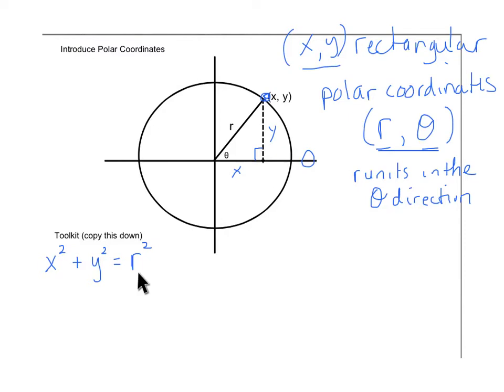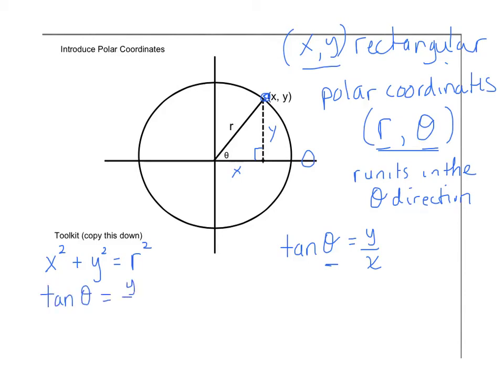Okay? Another relationship that they have here are the sine, cosine, and tangent relationships. So for instance, the tangent of theta is going to be y over x. And so that's something that we could use. It has theta in it, so we could use the x and the y to find theta.